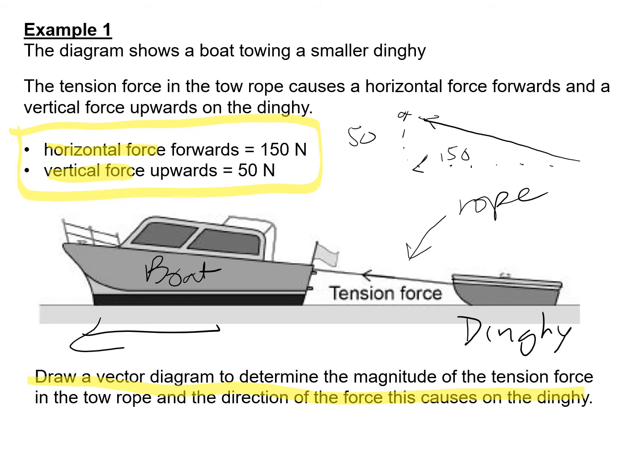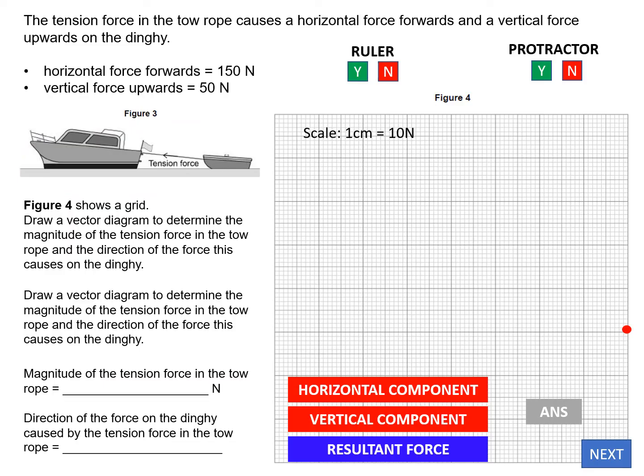So let's look at how we do that. So we need a piece of graph paper, and this graph paper is given to you in the question. Now, this looks a bit complicated, but it's quite simple, really. So let's just recap. There is a tension force in the tow rope causing a horizontal force forwards and a vertical force upwards on the dinghy. And here are the two components.